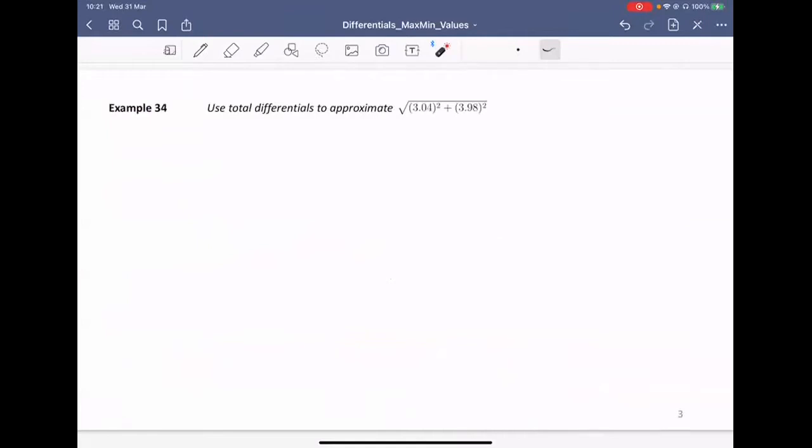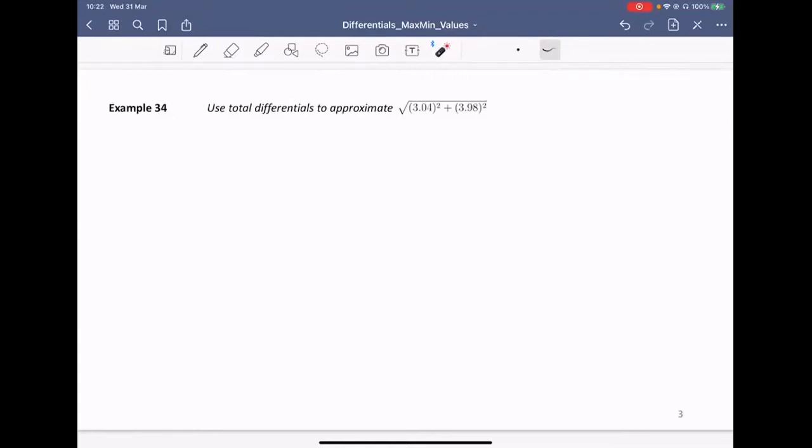So example 34. Well, this is a similar thing to what I am going to ask you on the final exam as well. So use total differentials to approximate this one. The idea of this question is that we are trying to approximate this thing. One thing is that, if you have a calculator, you can compute that easily.